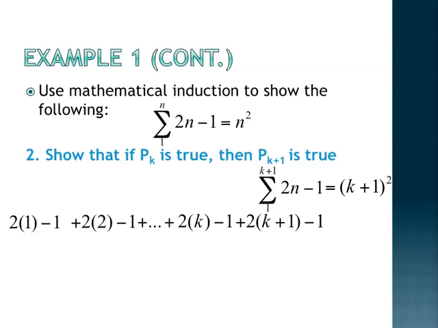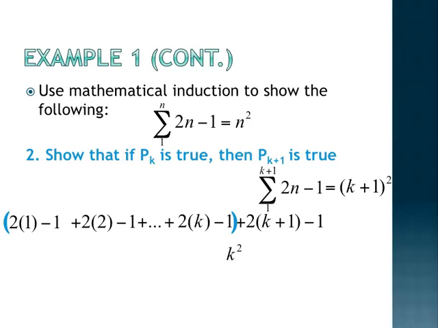We saw this section right here for P sub k, right? That was what P sub k gave us on the left-hand side. And on the right-hand side, we know this is equal to k squared. So we can replace what's in the blue parentheses there with k squared. And that helps simplify P sub k+1 for us.